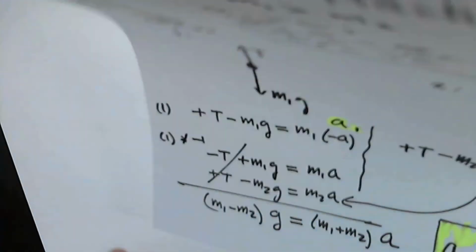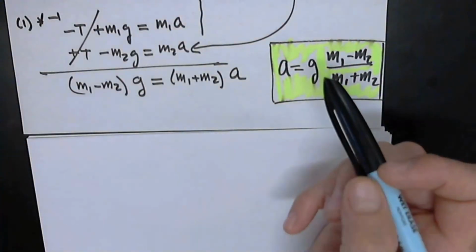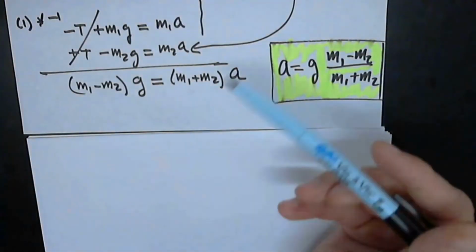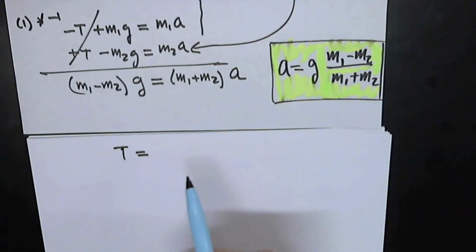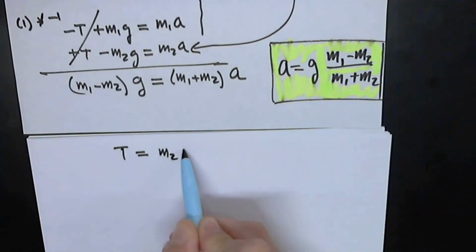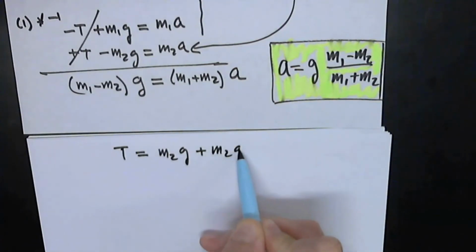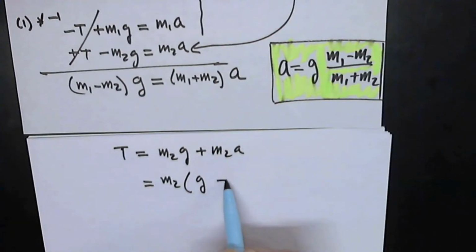Now let's find the tension of the object. So we could use either equation. I will use equation 2, so T equals M2G plus M2A. Take M2 common factor and substitute the acceleration we got.